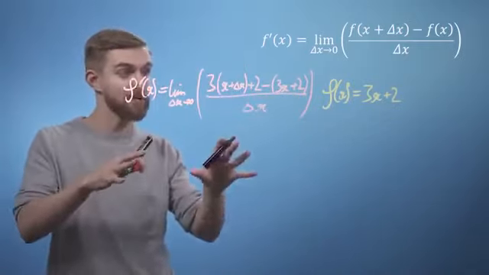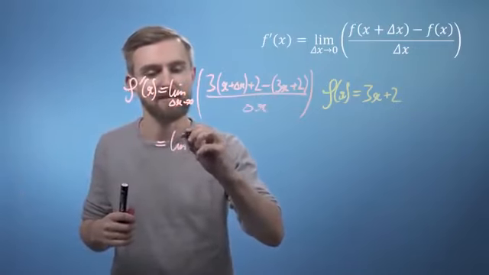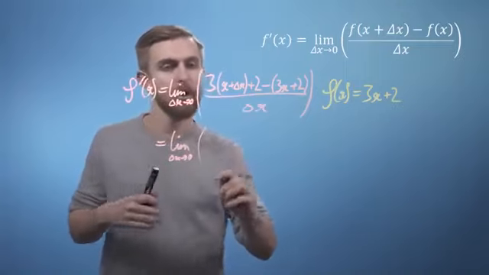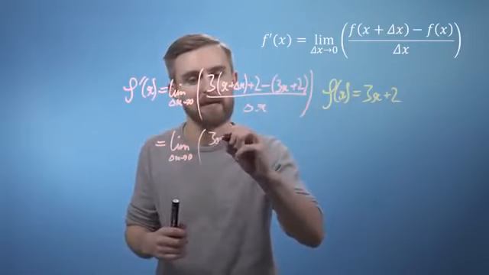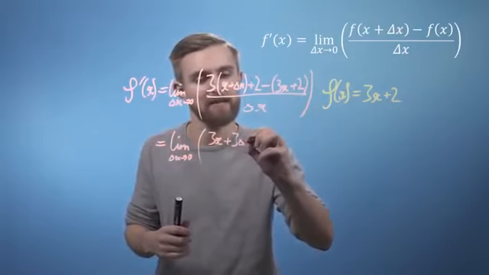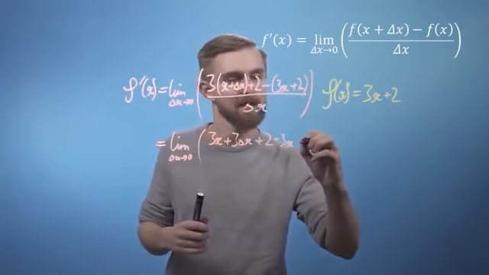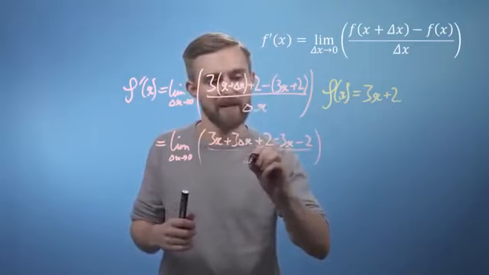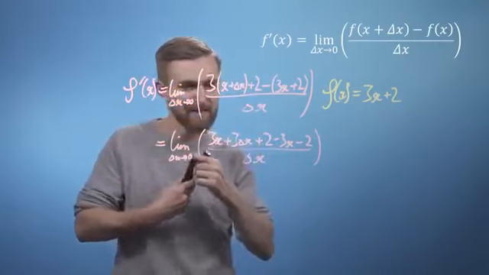Okay, and now we just work through the algebra. So we can say the limit as delta x goes to 0 of, and so we can expand these brackets out. So we're going to get 3x plus 3 delta x plus 2 minus 3x minus 2, all divided by delta x. Okay, and now we can look at this and say some of the terms are going to cancel.